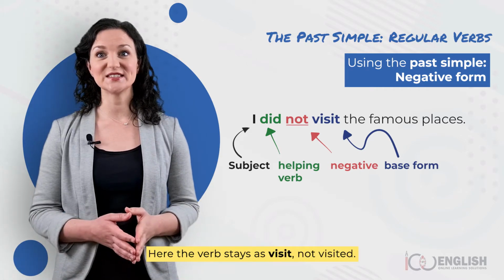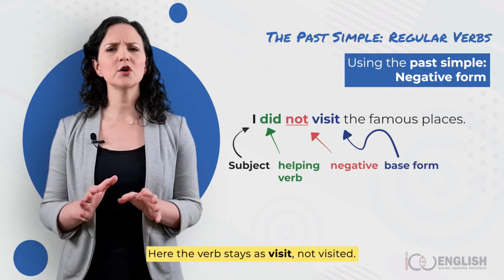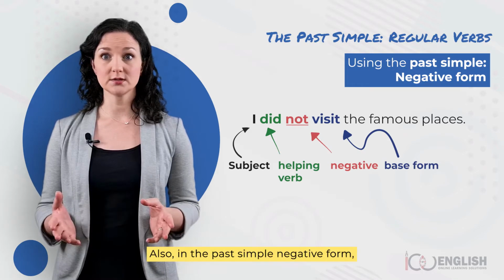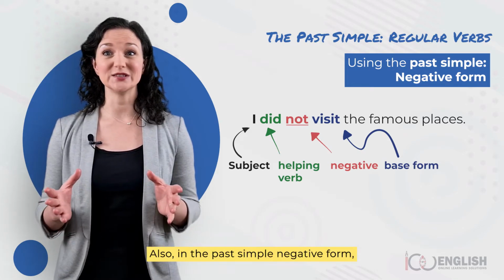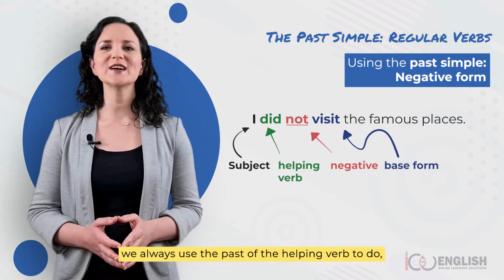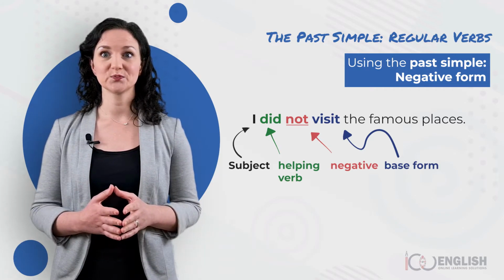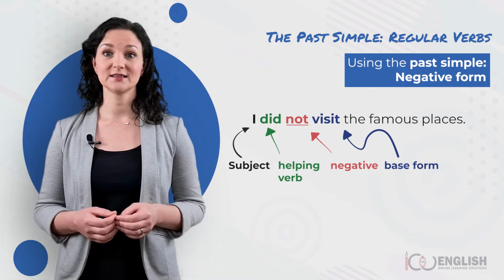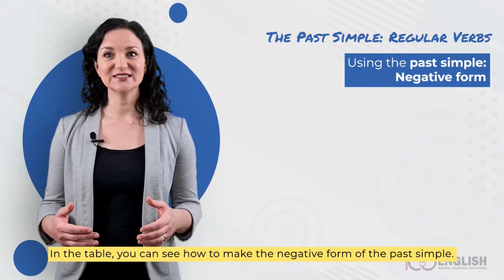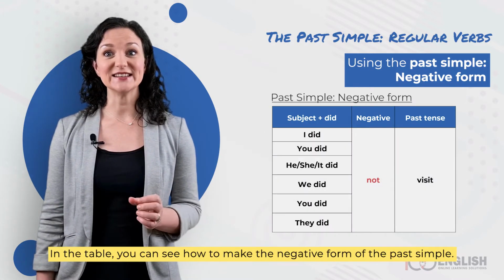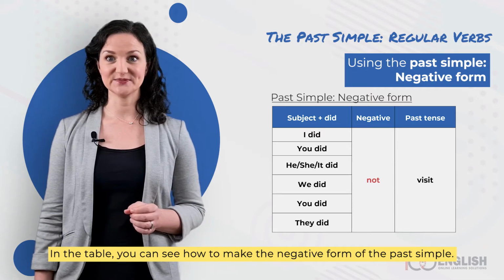Here, the verb stays as visit, not visited. Also, in the past simple negative form, we always use the past of the helping verb to do, which is did. In the table, you can see how to make the negative form of the past simple.